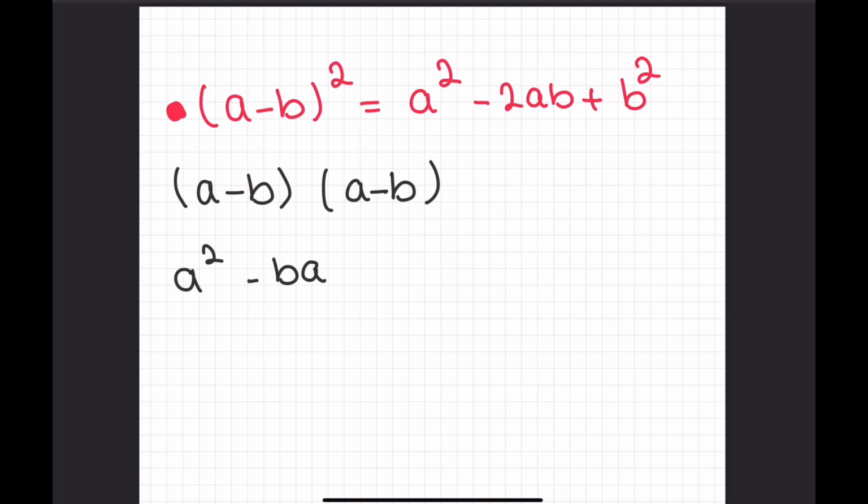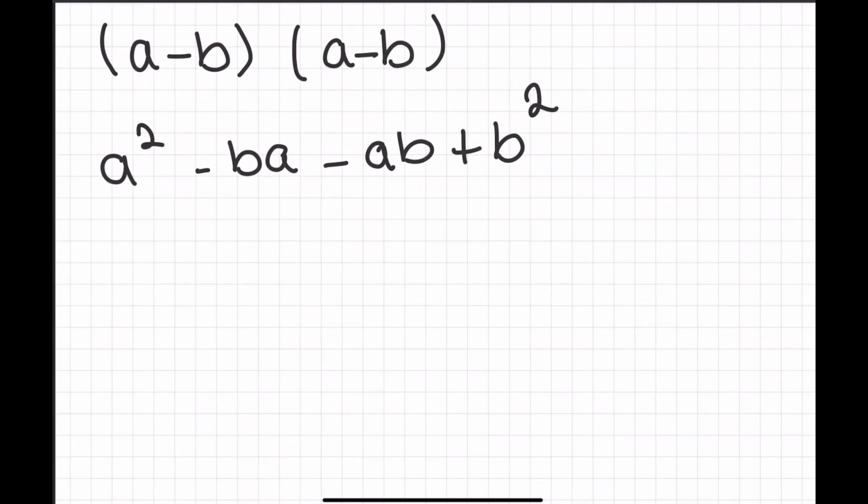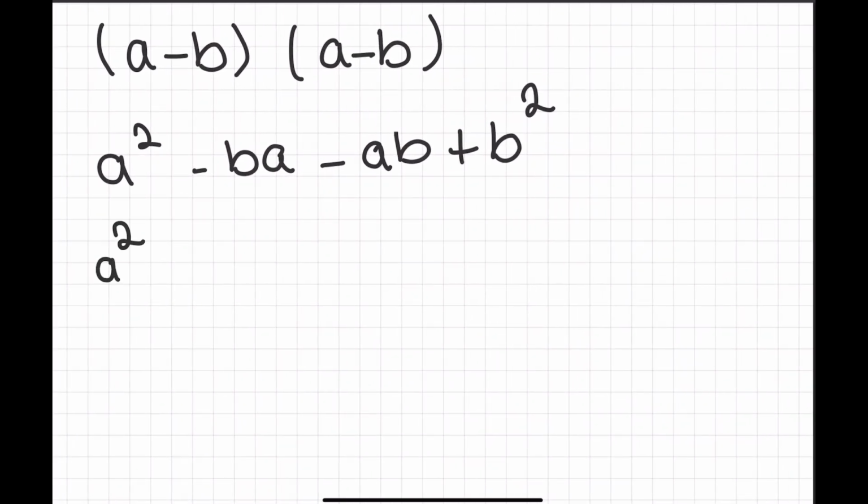Then a times negative b is negative ab. Negative b times negative b is plus b squared. I have only one a squared, so I just write that down.